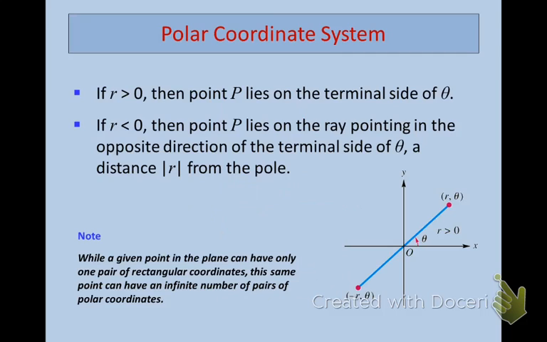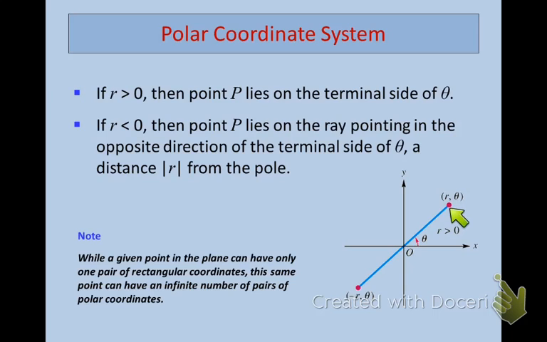Some key points, and please don't take the time to write all of this down. Paraphrase it. Listen to what I'm going to tell you and paraphrase it. If you have a positive radius, let's say I give you this angle theta, which looks to me to be 45 degrees. If I give you that angle plus a positive radius, then you just find that radius out on that actual degree measure.